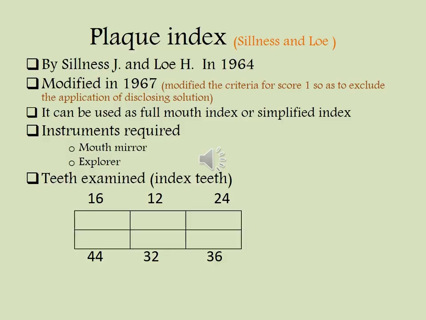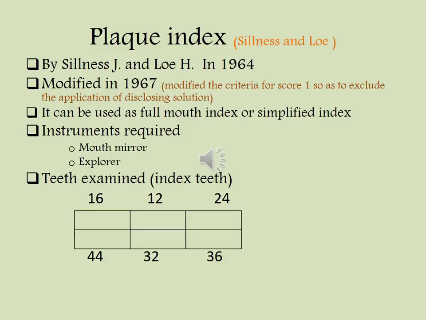We will now see the plaque index in detail. This plaque index was given by Silness J and Loe H in 1964, which was modified in 1967. The modification criteria was that for score 1, the criteria was modified so as to exclude the application of disclosing solution.